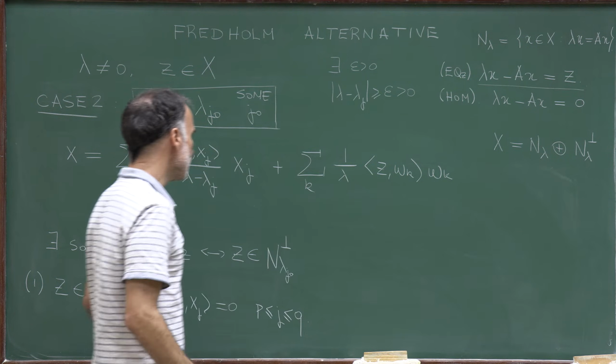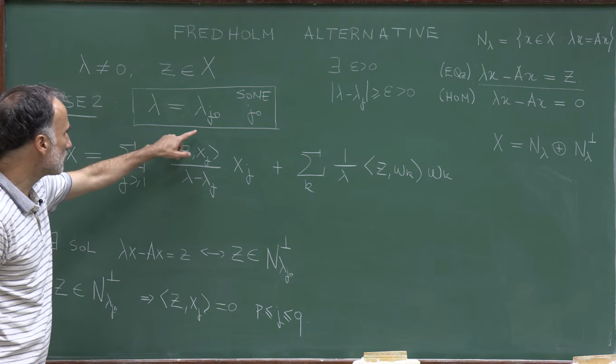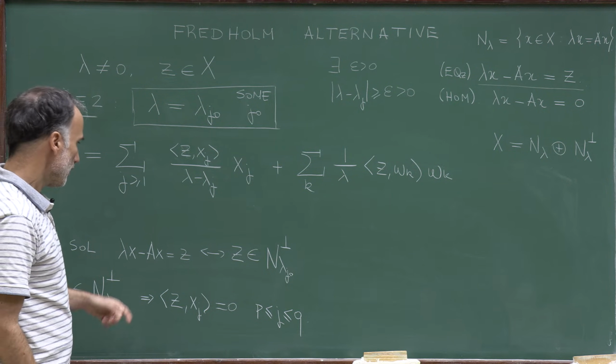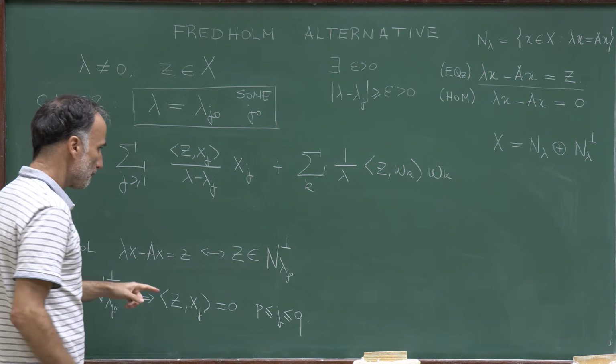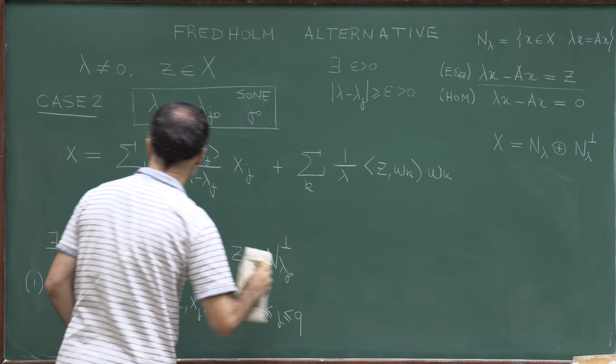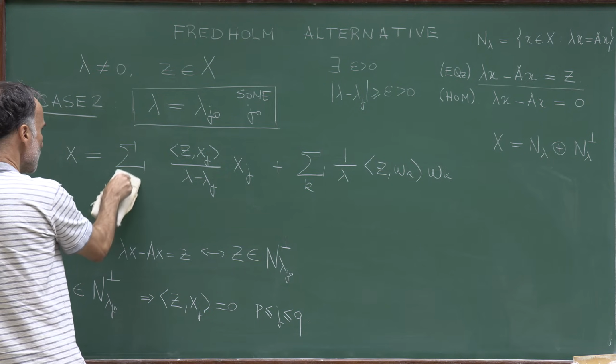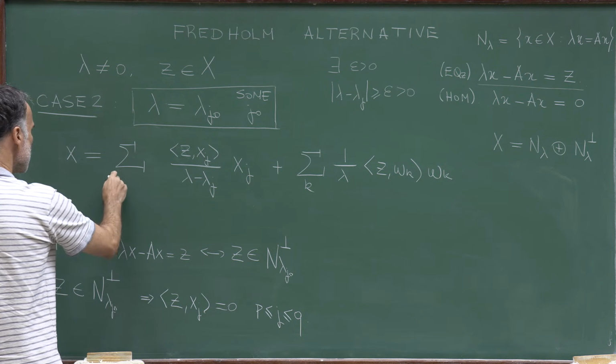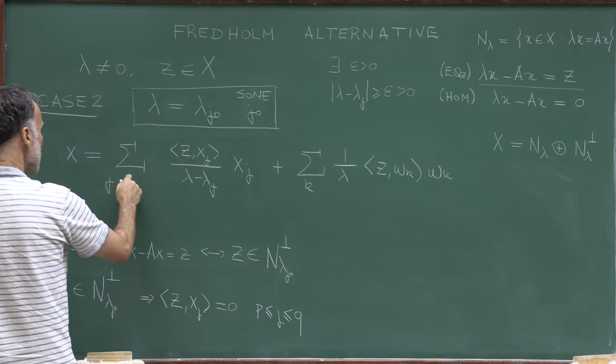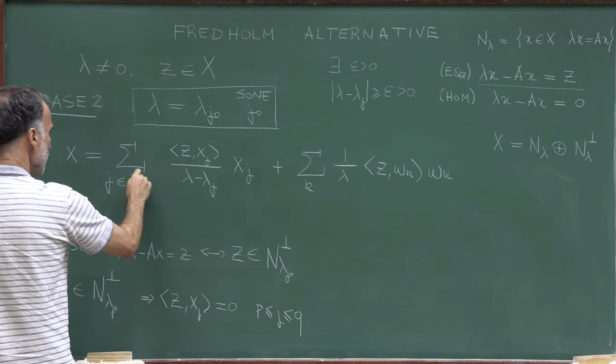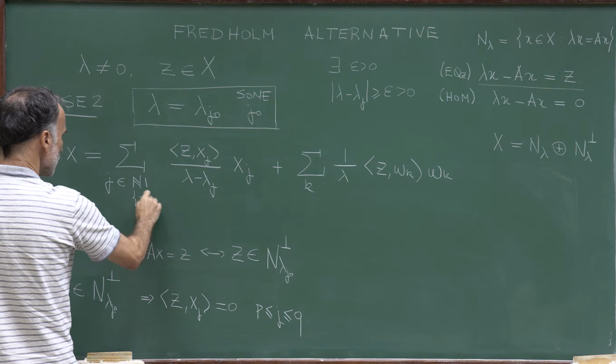So this was my candidate. The problem now is that lambda is equal to lambda_j0. So what I will do here is that I'll just sum over all j's which belong to N minus the set going from p to q.